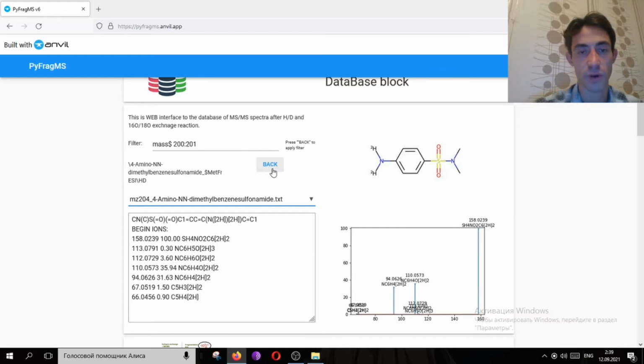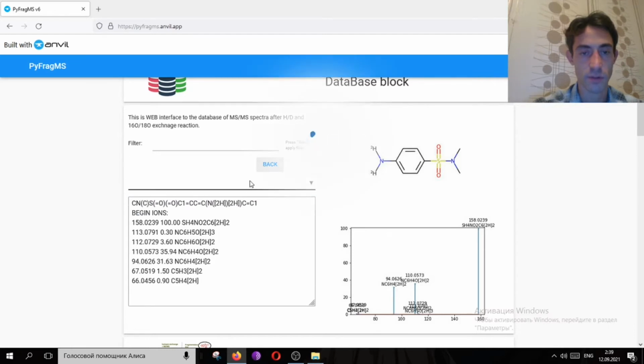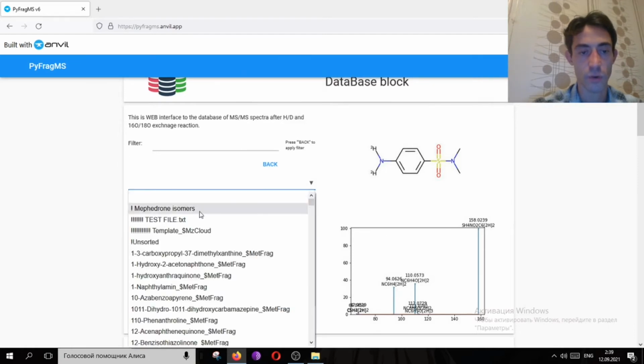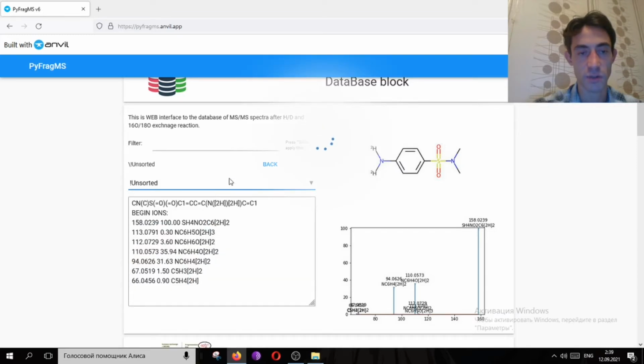And for hydrogen deuterium exchange experiments, some data were obtained by us, and some data were taken from MetFrag. Also, we included here all possible public databases, unsorted. Here there are many molecules.